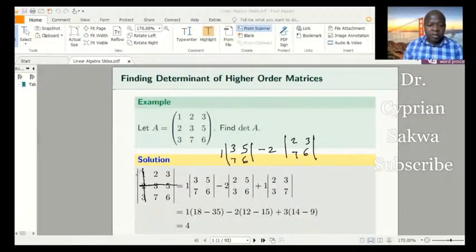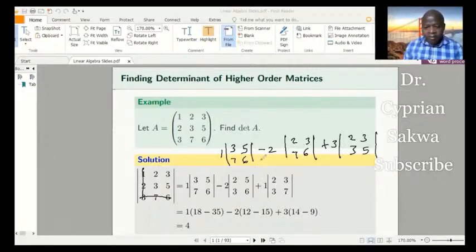Then the next sign, it was positive, negative, positive. The positive 3. What happens when I delete the row of 3 and the column of 3? What matrix do I remain with? Deleting the row of 3 and the column of 3, I'm left with 2, 3, 3, 5. So this will give us the determinant of that matrix.